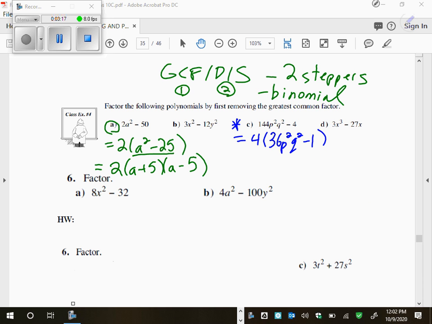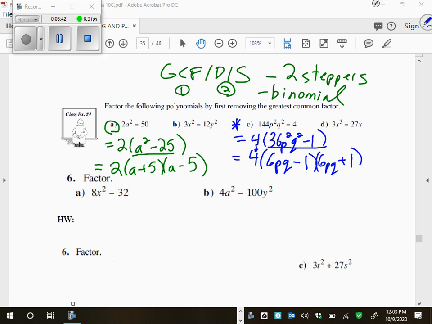You always look inside this bracket to see if you can factor it, and that's the difference of squares. Don't square root the 4. 4 stays as 4. 4 does not equal 2. And square root 36, square root p squared, square root q squared. So 6pq. And what's the square root of 1 again? Just 1. It doesn't matter if you put addition or subtraction first.